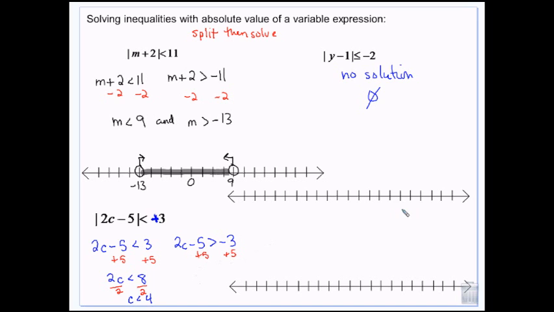Add 5. 2c is greater than 2. Divide by 2. C is greater than 1. So I've got 0, 1, and 4. I am less than 4 and greater than 1, so I'm shading in between.